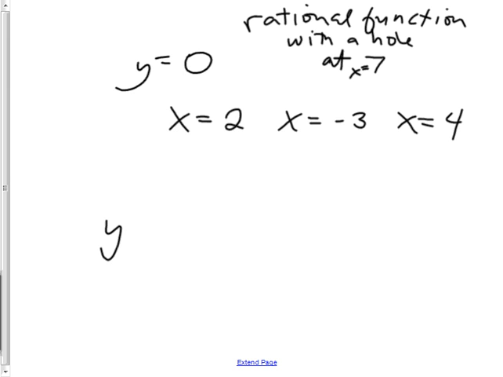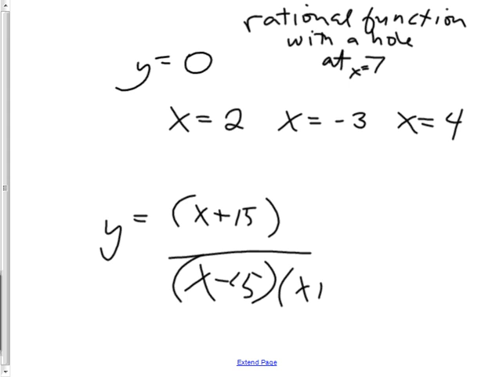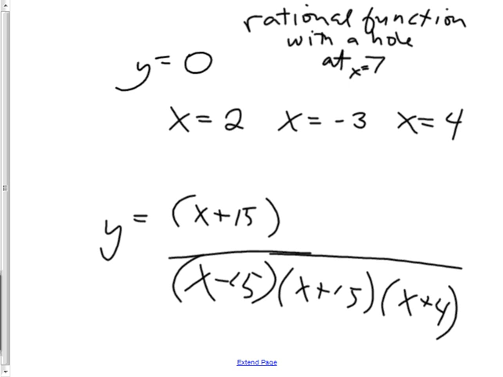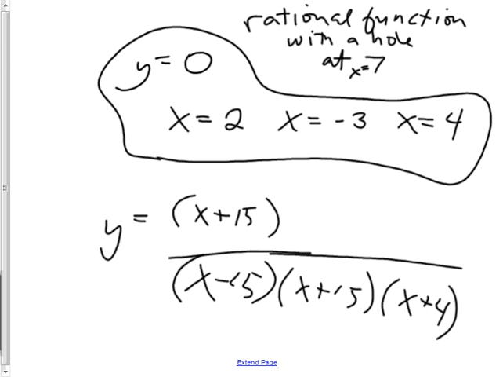Your answer, I'm not saying this is right, looks something like that. It would have to have all these asymptotes, and hopefully you can tell which ones are horizontals and which ones are verticals. Your answer will kind of look like this when you're all done, except that's not the right answer. I'm going to pause for a second while you give that one a try.